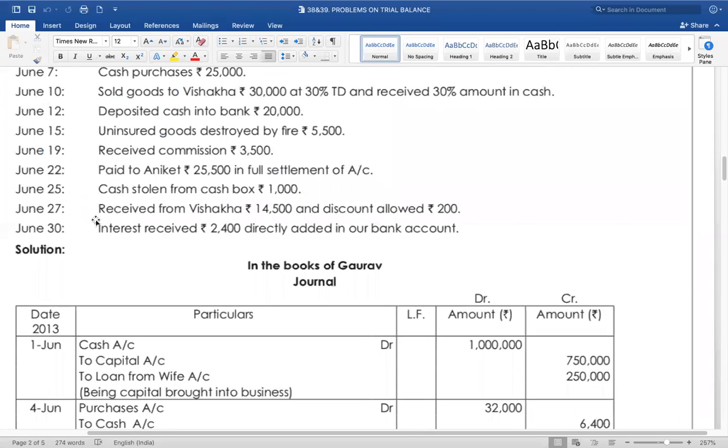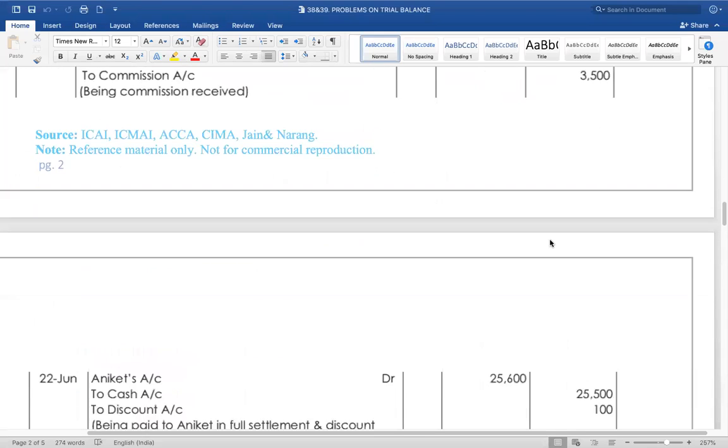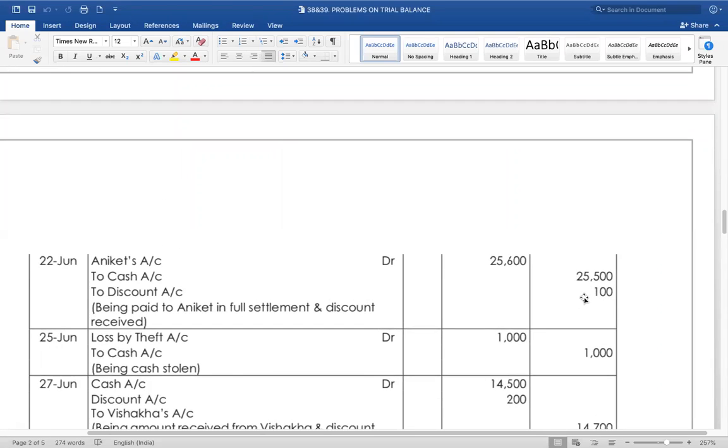On the 22nd, received from Vishaka 14,500 and discount allowed 200. Actually, how much is to be received from Vishaka? 14,700 is to be received.